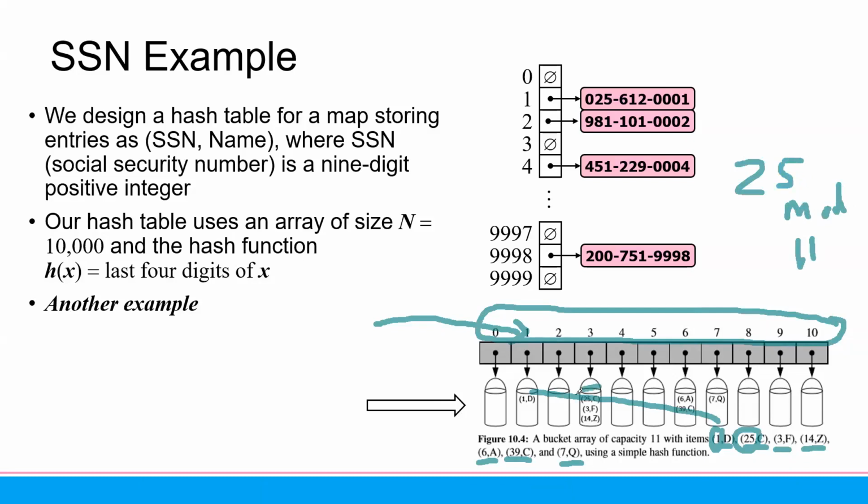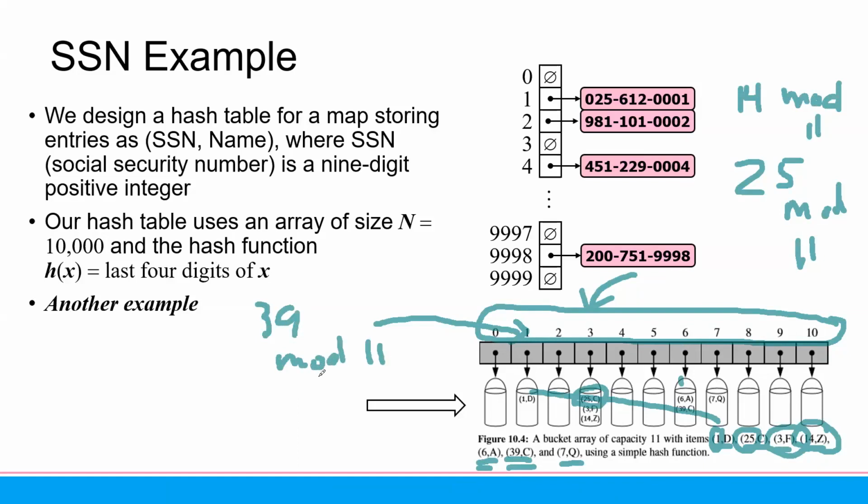Then we put 25 into the index 3. 3F, because we know 3, just put into bucket number 3. 14Z: 14 is more than 11, so you need to do mod 11 again. 14 mod 11 is 3, so we put it in the list at index 3. 6, you can put in the 6. 39: 39 mod 11 is 6, so we put it into the index 6.